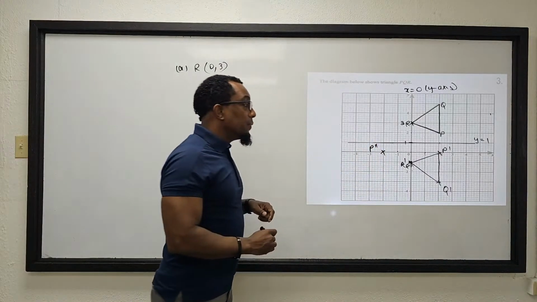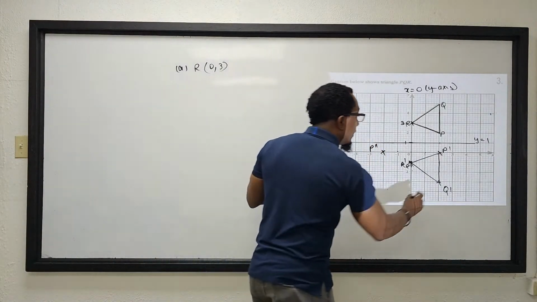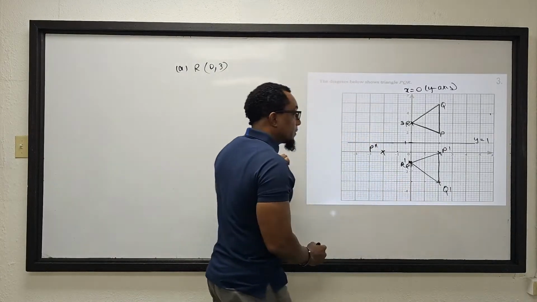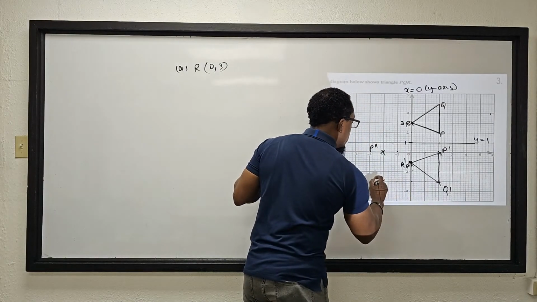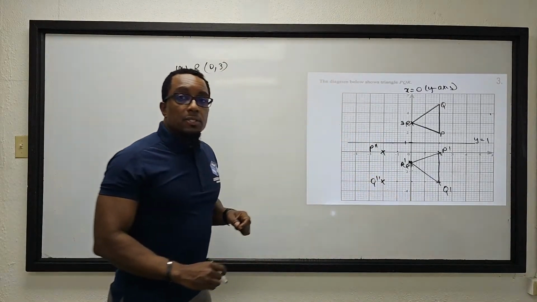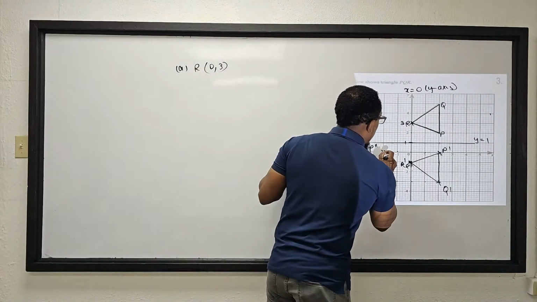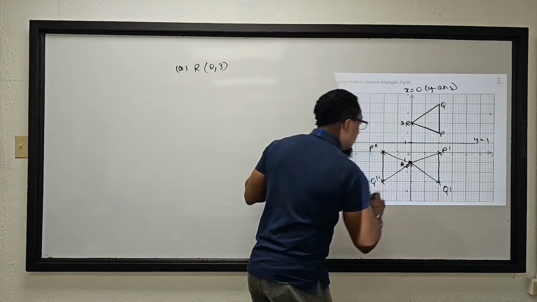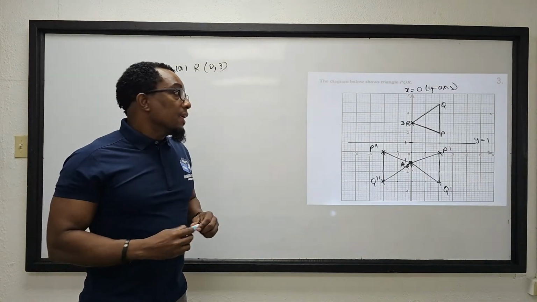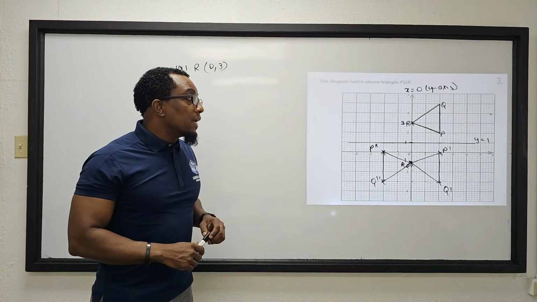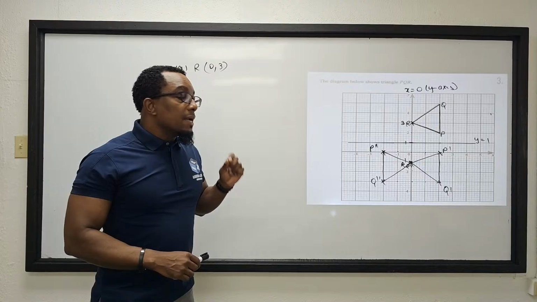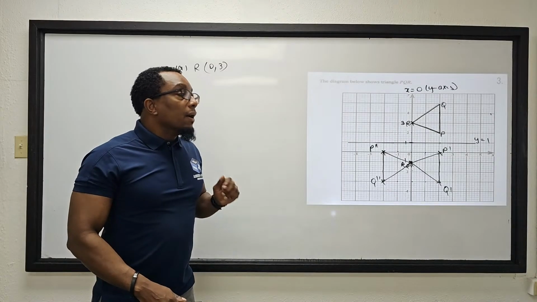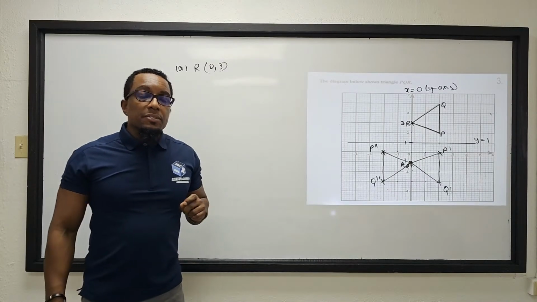Let's do the same thing for Q prime. I'm going to count 1, 2, and I'm going to count 1, 2. So this is Q double prime. Yeah? So let me connect. And that there shows a reflection of the triangle P prime, Q prime, R prime about the y-axis, or the line x equal to 0.